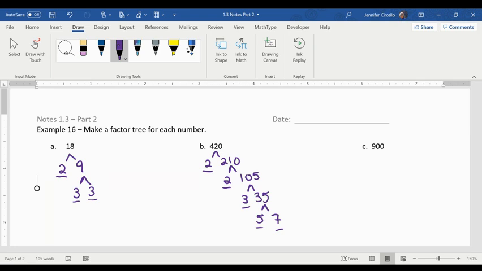Okay, let's try an even bigger number. So 900 is even, so it will have a 2 go into it. 900 divided by 2 is 450. That is still even. So 450 divided by 2 is 225. That is not even. So you would try 3 in your calculator.